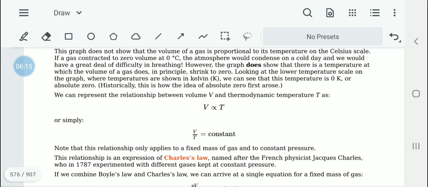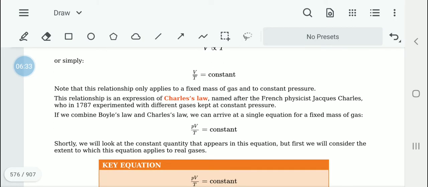This can be taken as V upon T is constant, and this is also something that you have learnt in O-levels. This is Charles' law, developed by the physicist Jacques Charles. We know that the gas equation is obtained by combining Boyle's law and Charles' law. We take that equation PV equals nRT.